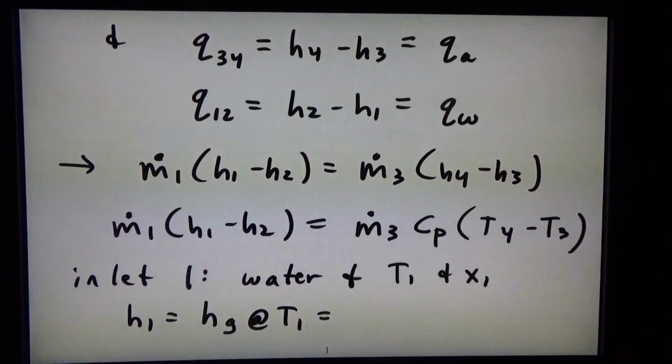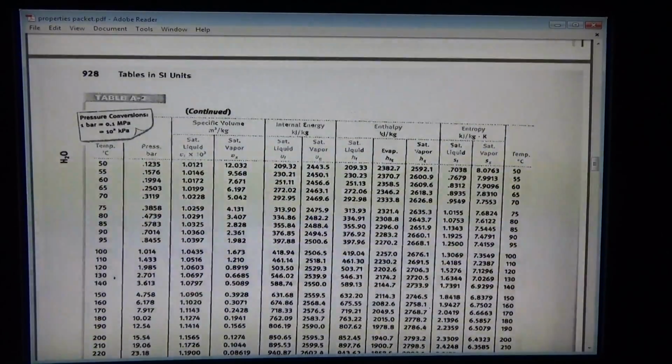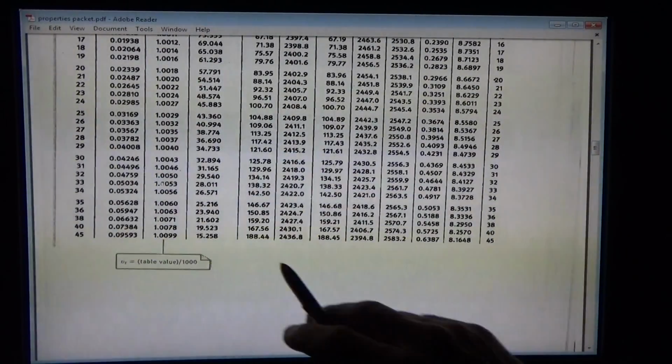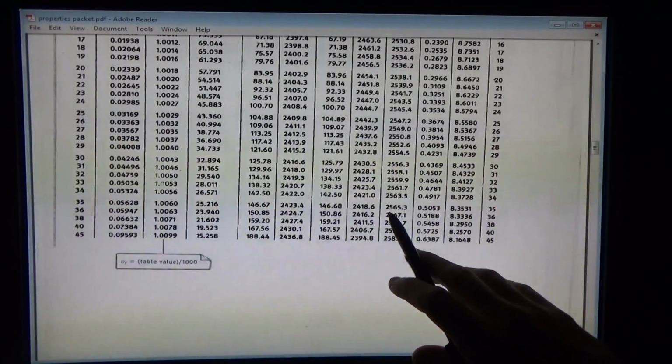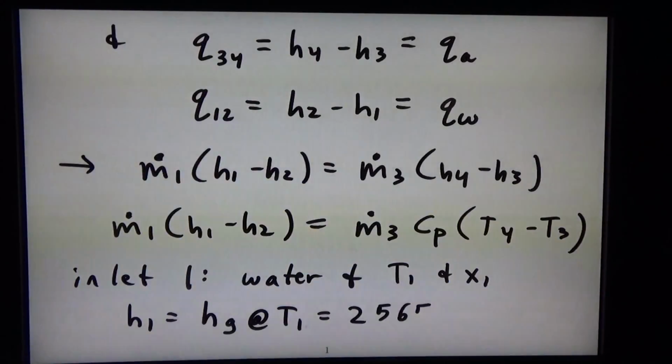What is h sub g? So we're going to have to get that back up, table A-2. And then in A-2 we're looking for 35 degrees Celsius. What is the value of h sub g? So here's the 35 row. h sub g, see, 2565.3. So there, that takes care of h1.